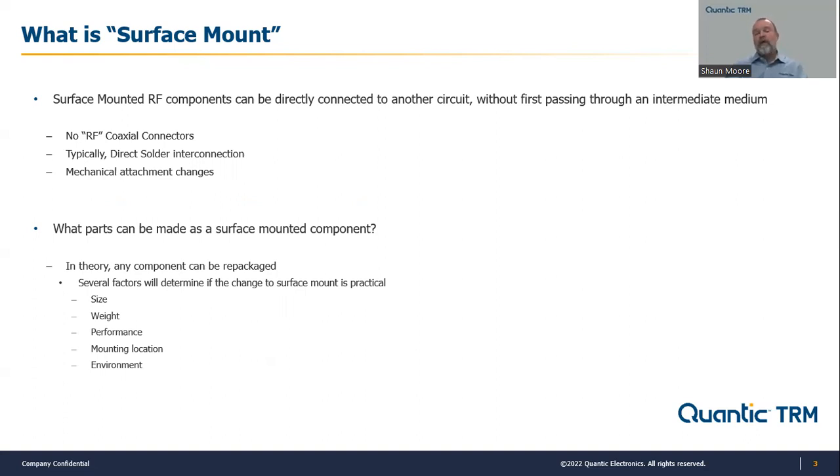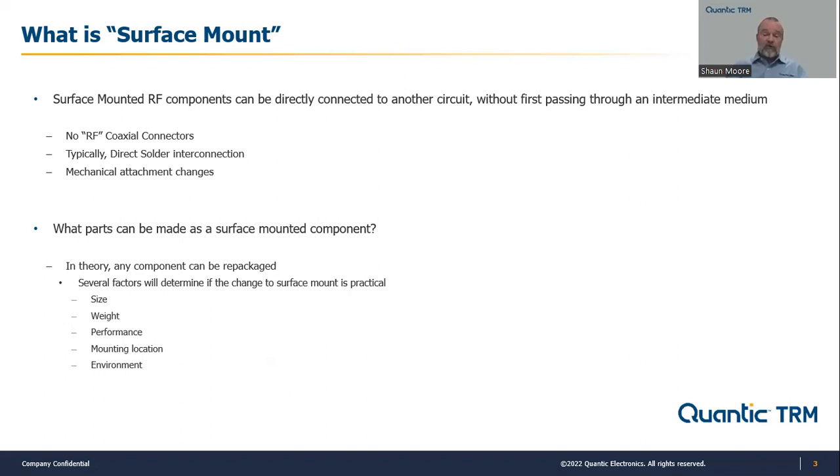And what sort of parts can we make surface mount? Well, in theory, we can make anything a surface mount. If there's a separate device right now that has some sort of interface, that interface can be redesigned so that there is a direct connection. There are trade-offs in doing that, whether it's size, weight, performance, how it's mounted.